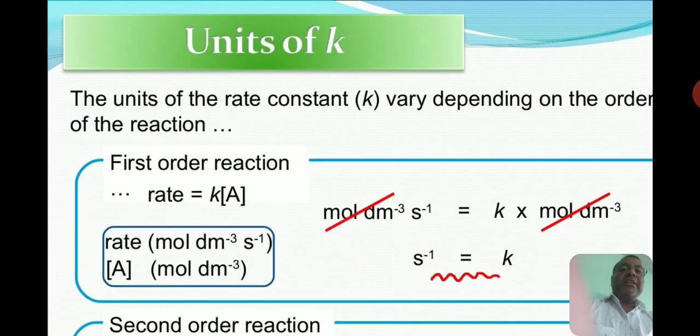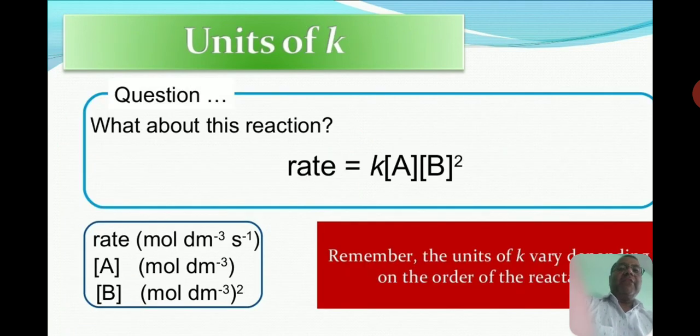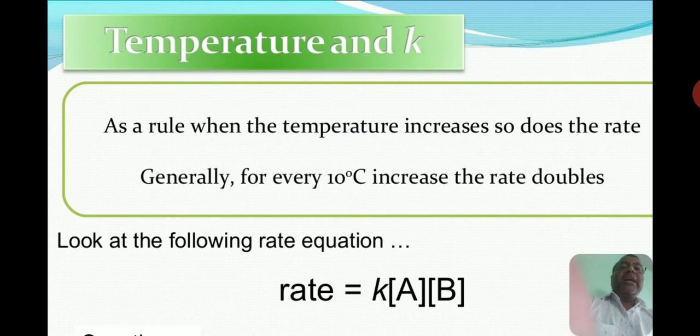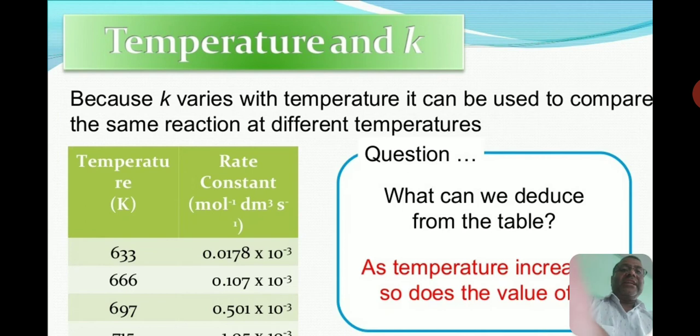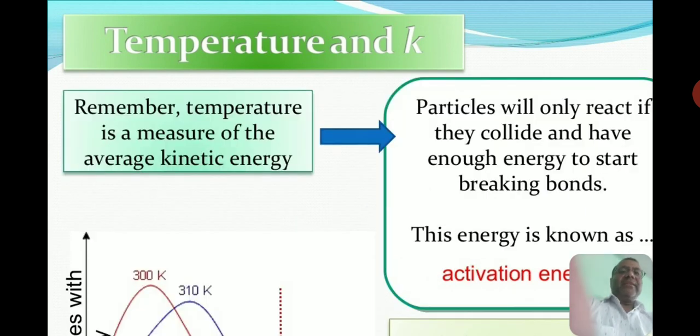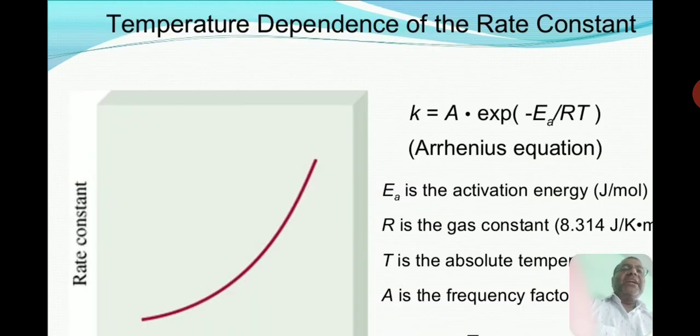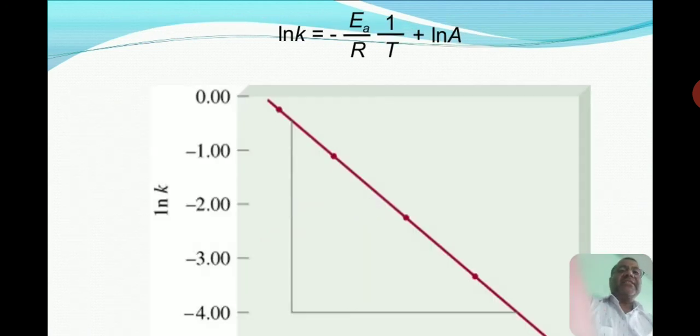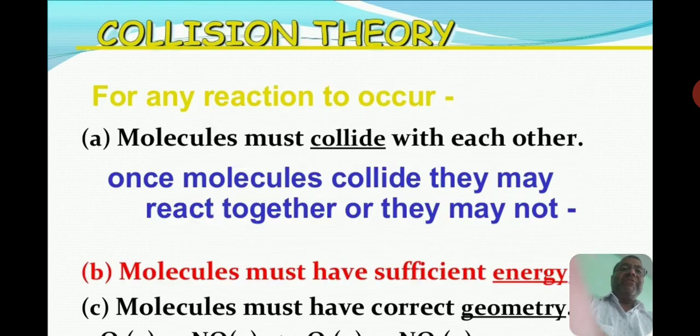Likewise, zero order reaction we have discussed, units of K we have discussed, moreover temperature and rate constant we have discussed. And this way, the temperature dependence of the rate equation, that is also known as the Arrhenius equation, we have discussed. The integrated rate equation we have discussed.